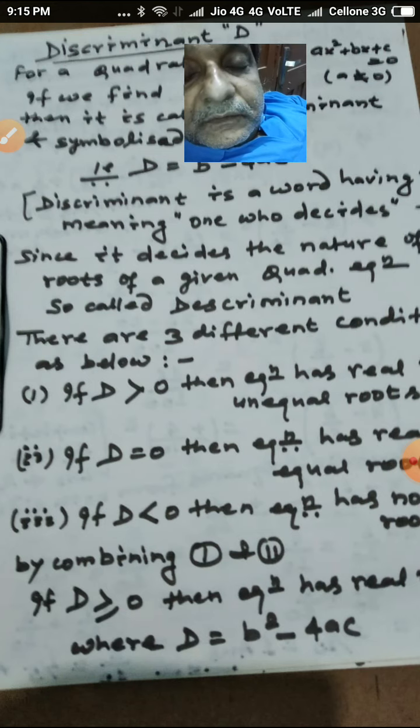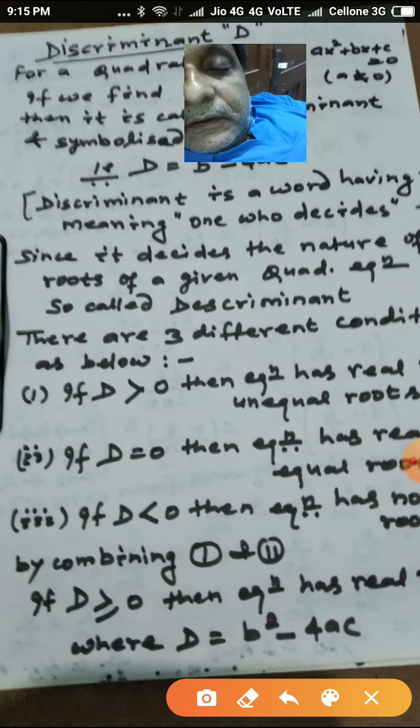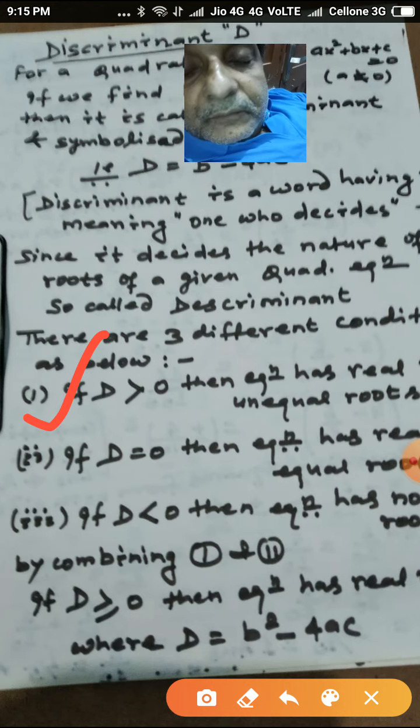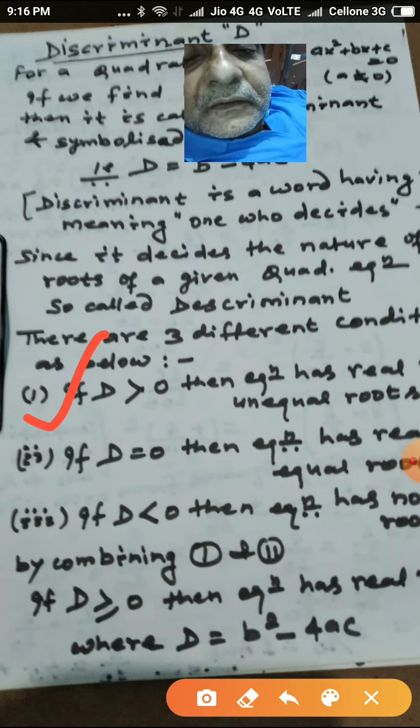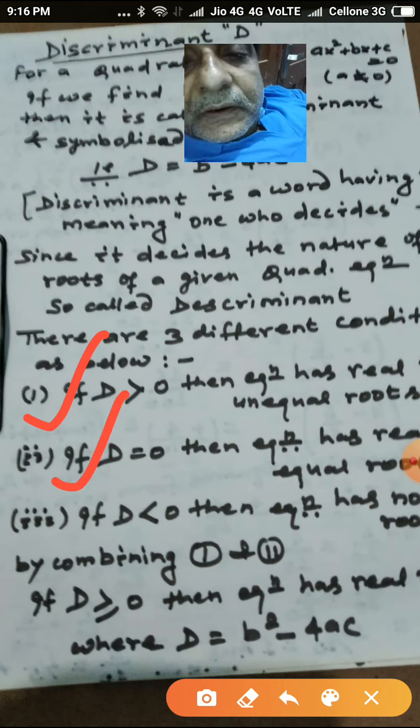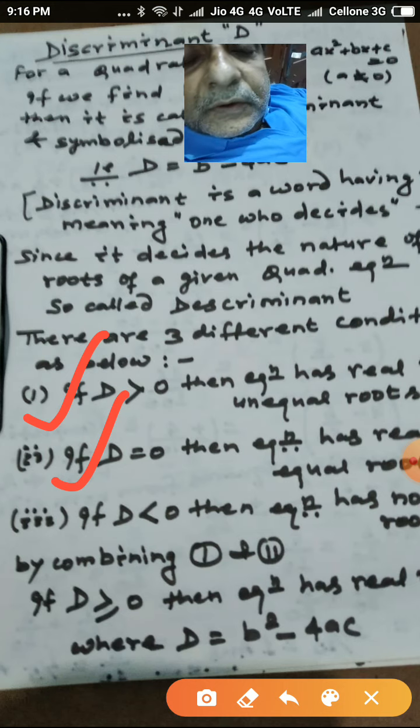Now the situations are: if D is greater than 0, then for that given equation the two roots are real, that is from the real number family, and they are unequal or distinct. Now if D comes exactly equal to 0, then there would be two real roots, but both the roots are equal.